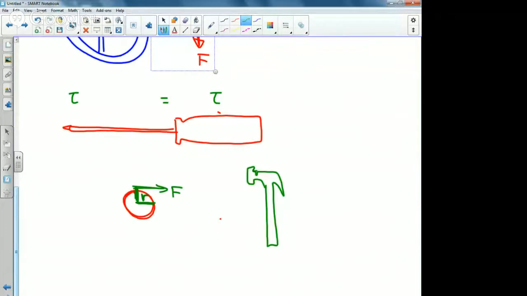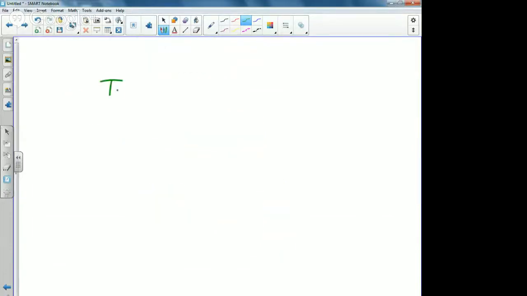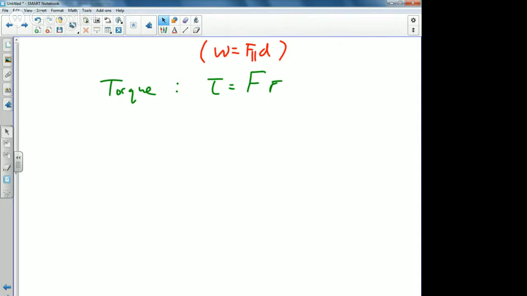Now with torque, the formula, as I said, is torque equals FR, or RF, doesn't really matter, same thing. The key difference versus work equals force times distance is that with work, the force must be parallel to the distance, but with torque, the force must be perpendicular to the radius.